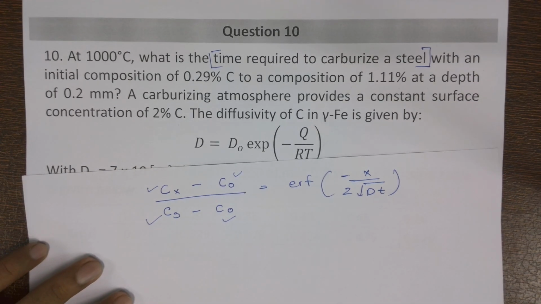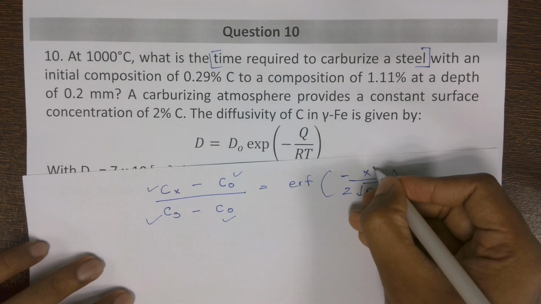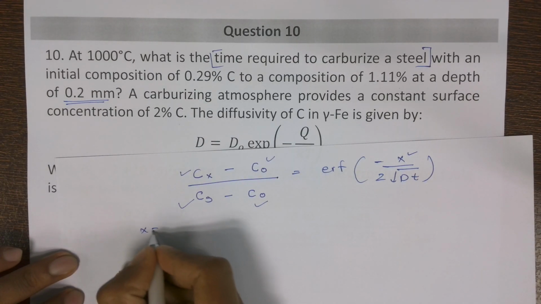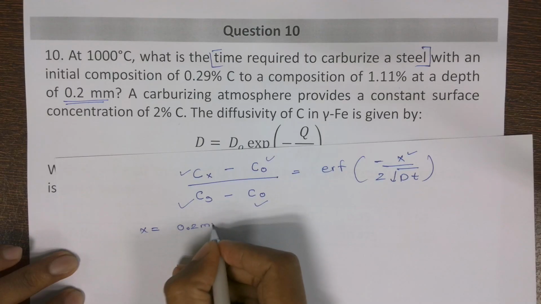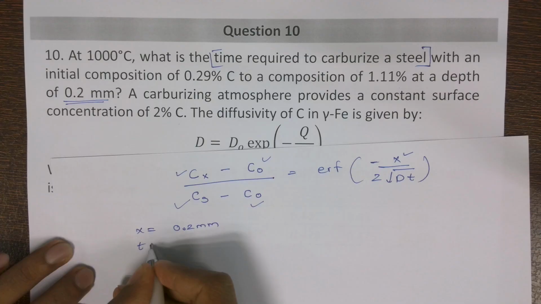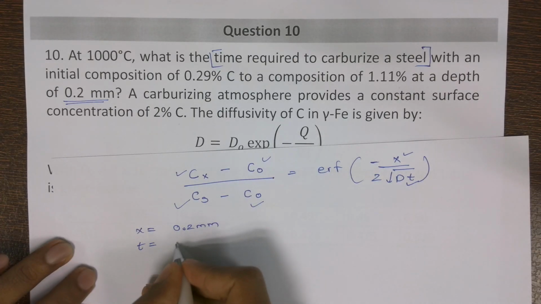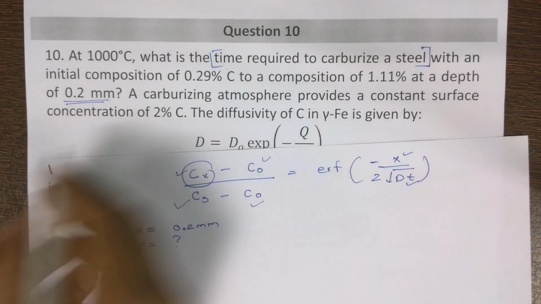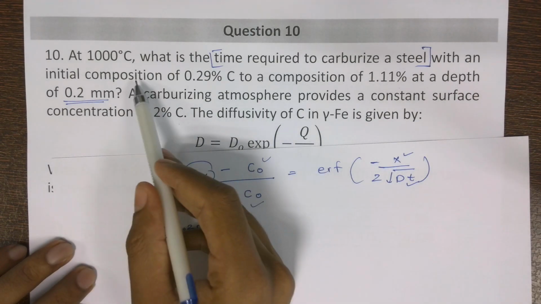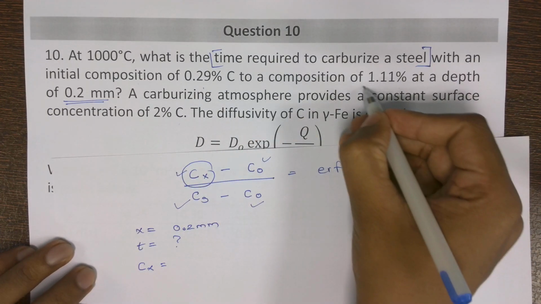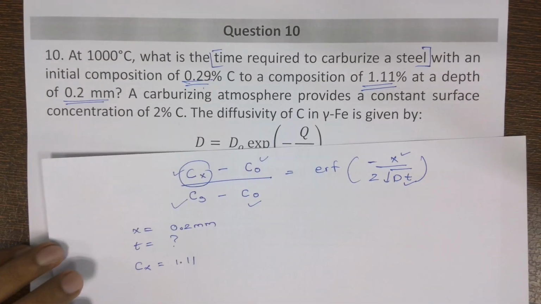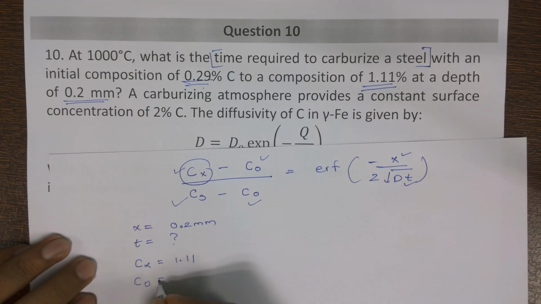The x is given to us: we need it at 0.2 millimeter. What we need to find is the time required, so t is the unknown. What about Cx? The concentration at the depth of 0.2 millimeter is required to be 1.11. The initial concentration is given to us as 0.29.